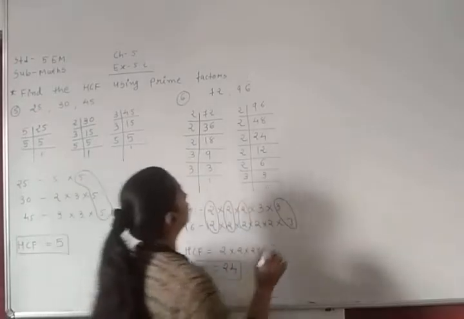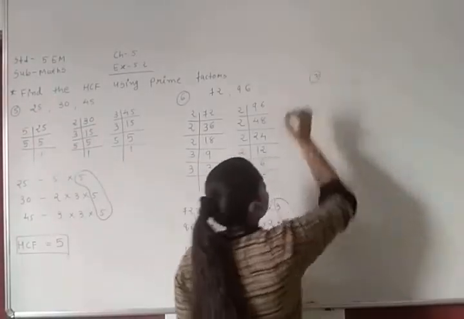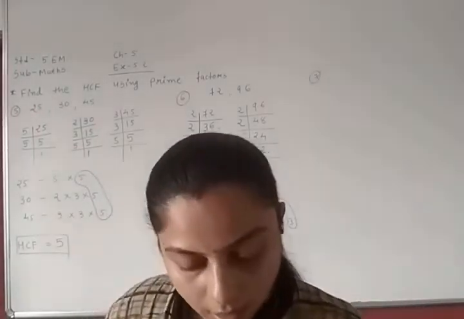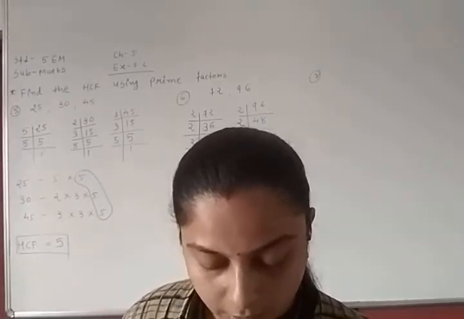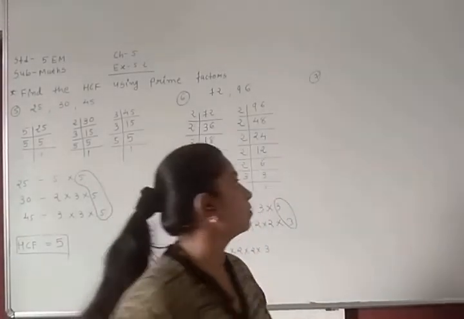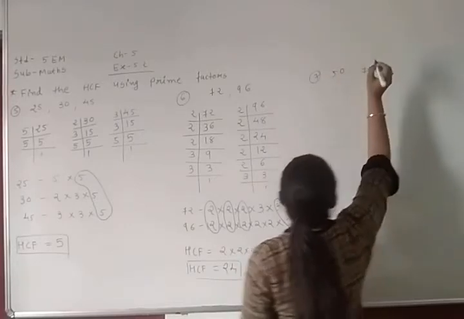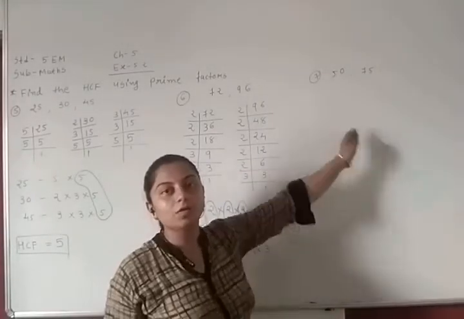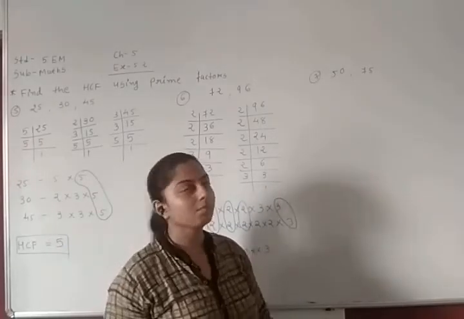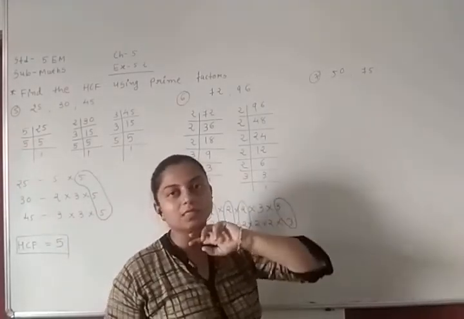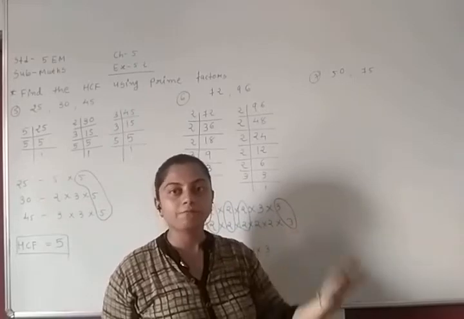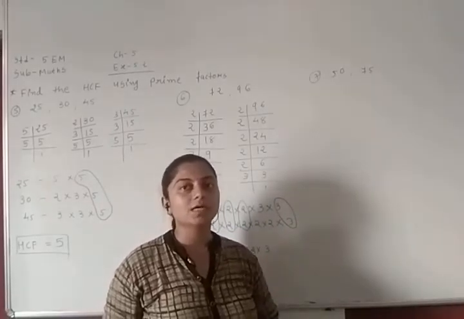Okay, now 50 and 75. The question is 50 and 75. The answer is very easy: 25. Why? Because both are in the 25 table. 25 2s are 50 and 25 3s are 75.